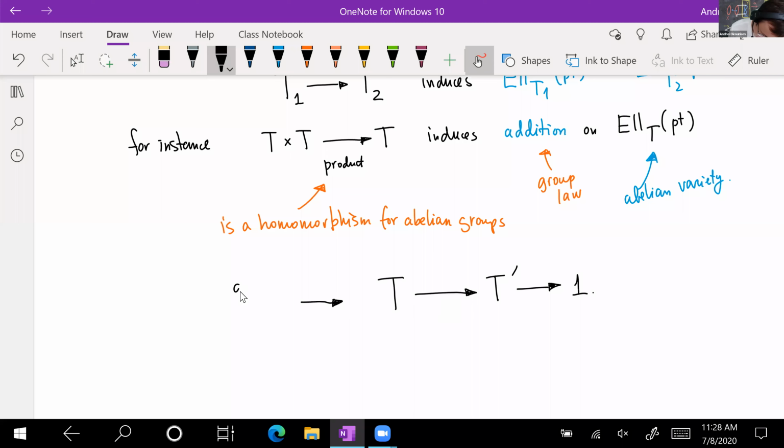This is usually called a quasi-torus, I think. In particular, it doesn't have to be connected. So there's a kernel of that.